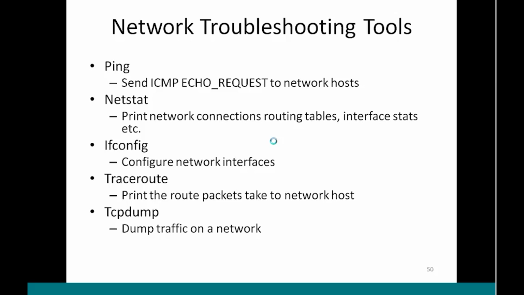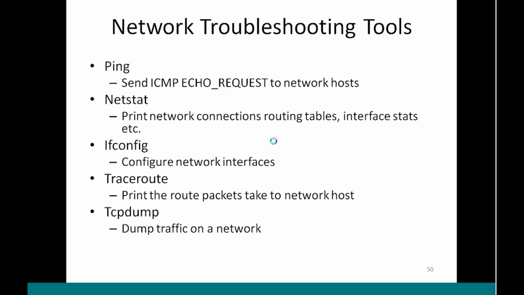Netstat is another command. This prints out the network connections, the routing tables, the interface stats, etc. All these terminologies we studied in the previous lecture. The routing tables are the tables where the machine knows how the IP addresses are mapping and what the closest distances are, so how to quickly reach the destination.